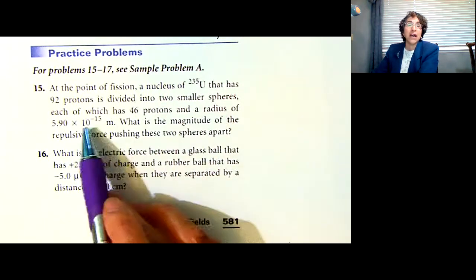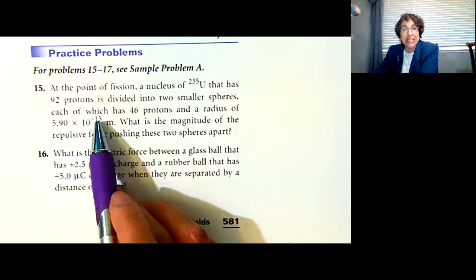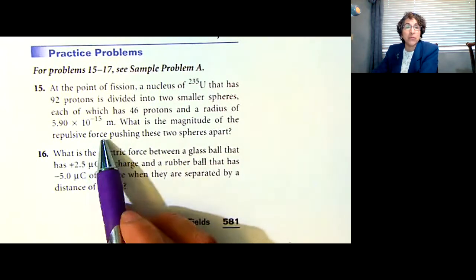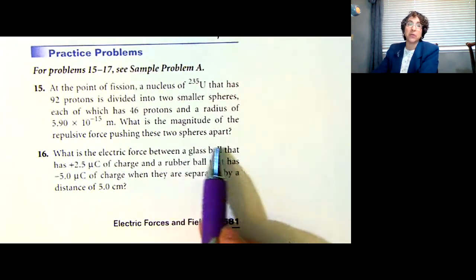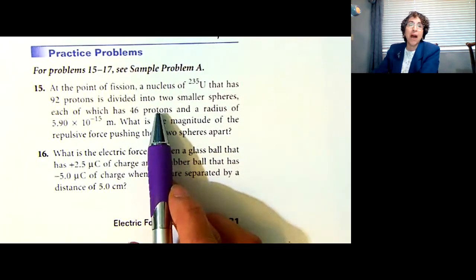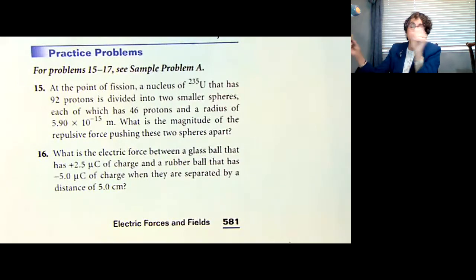And a radius of 5.9 times 10 to the negative 15th meters. What's the magnitude of the repulsive force pushing these two spheres apart? Why would they be pushing apart? They're both protons. So we have positive and positive, and they are going to repel.